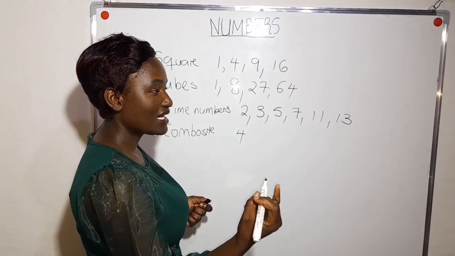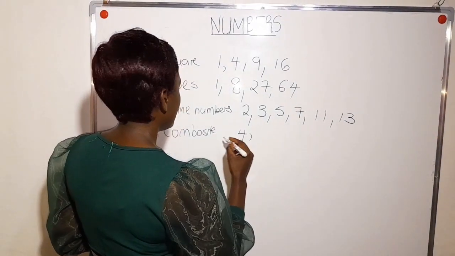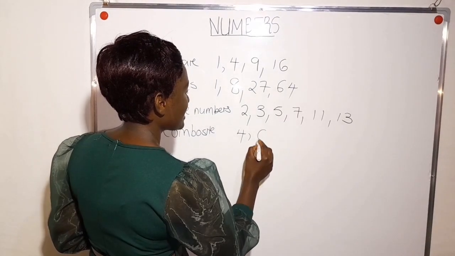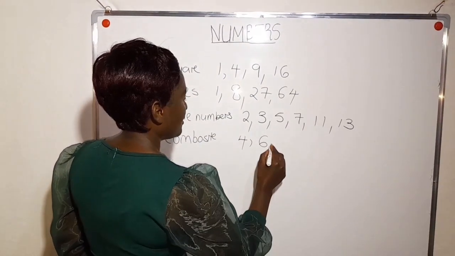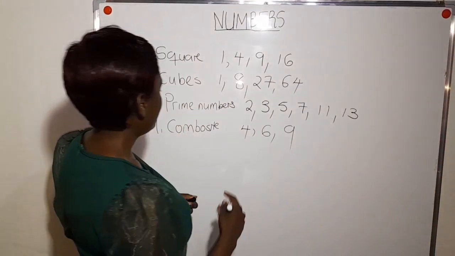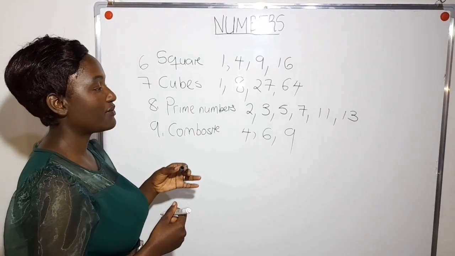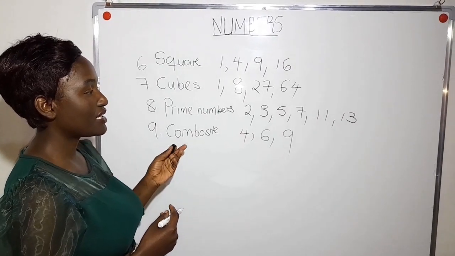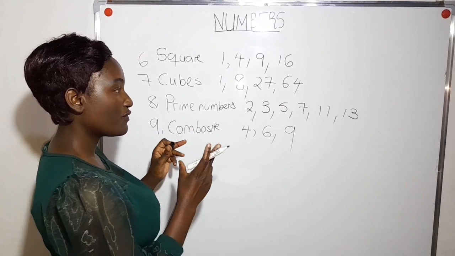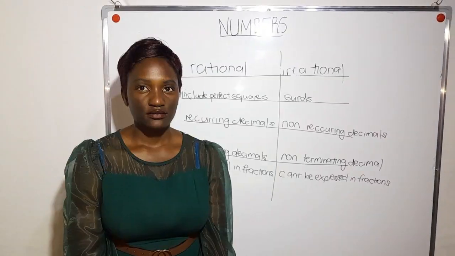It has 1, 2, 4 as its factors. We have numbers like 6 and 9. These are examples of composite numbers. They are the opposite of prime numbers, because prime numbers have just 2 factors, but composite numbers have more than 2 factors.